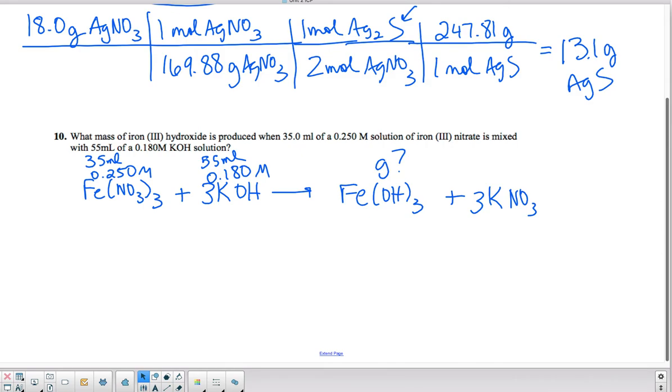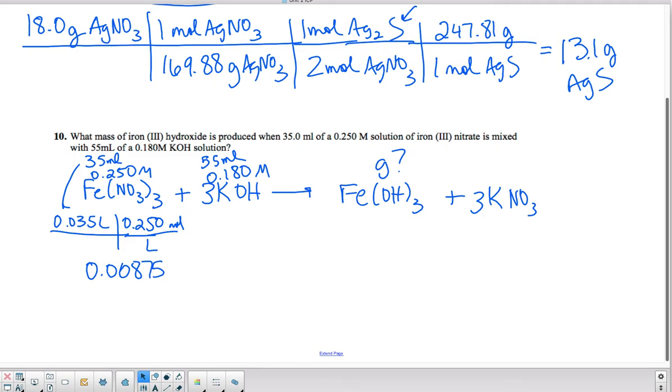So remember, if I have 0.035 liters, you okay with that? What I just did there, times the molarity of 0.250 moles per liter. That multiplication gives me moles. So what is the number of moles of iron 3 nitrate? 0.00875.